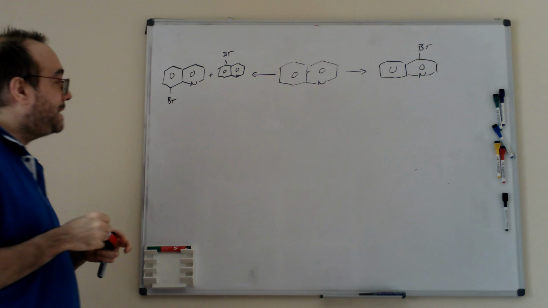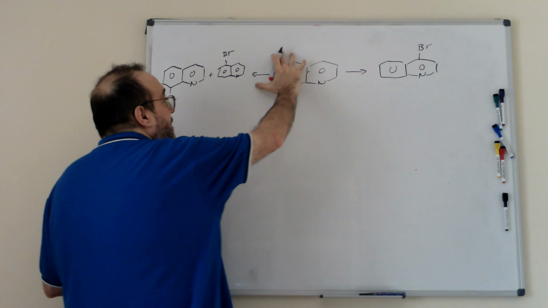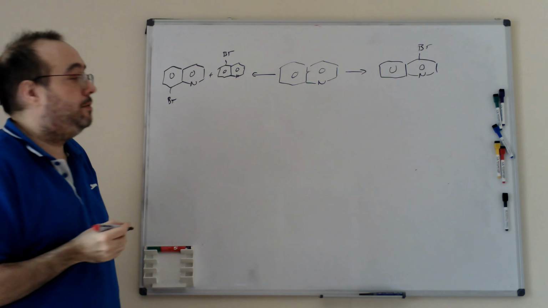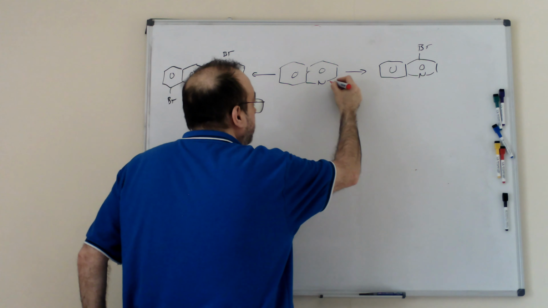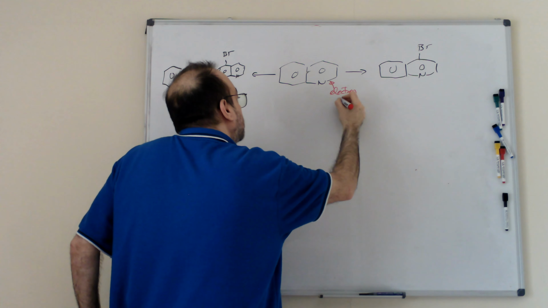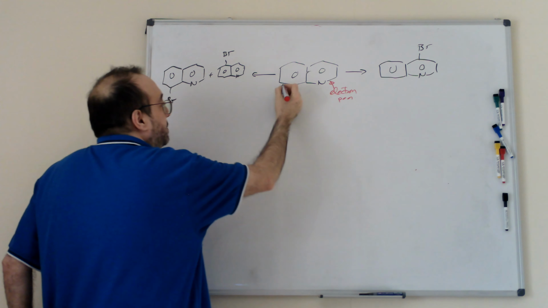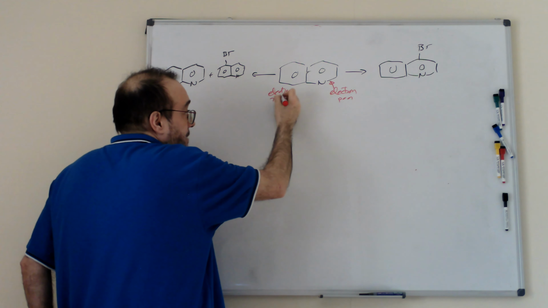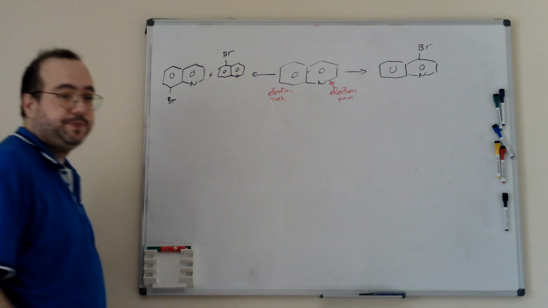Check the starting material. The starting material is an isoquinoline. Okay? If we check the isoquinoline, this ring is a pyridine, it will be electron poor. This ring is a benzene, it will be not electron rich, but at least more electron rich than the pyridine.